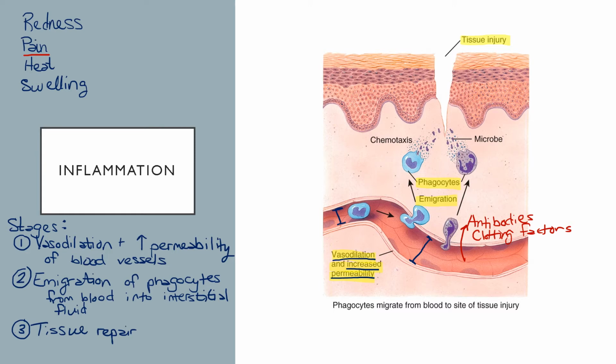And then those neutrophils will begin to squeeze through between those endothelial cells in order to reach the damaged area. This process we know as emigration, and this depends in large part on chemotaxis. So there are chemicals in the area that are attracting those phagocytes to the area.